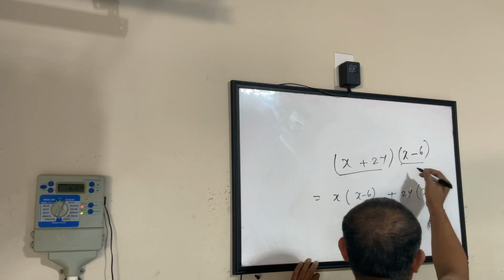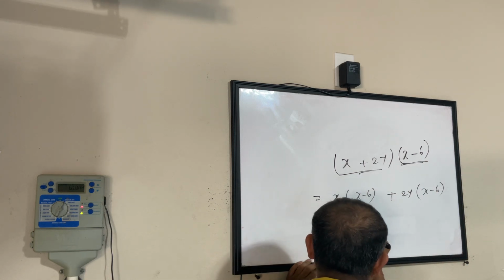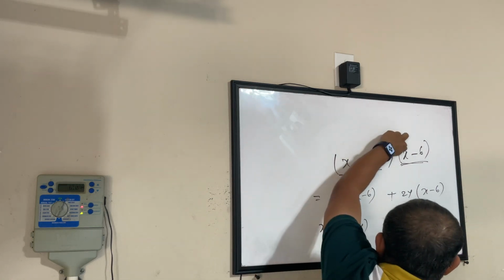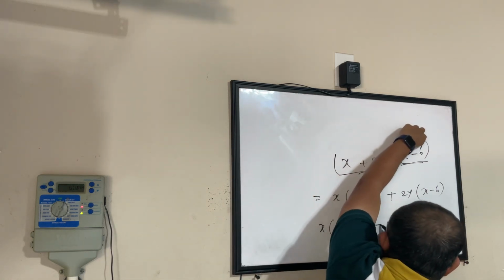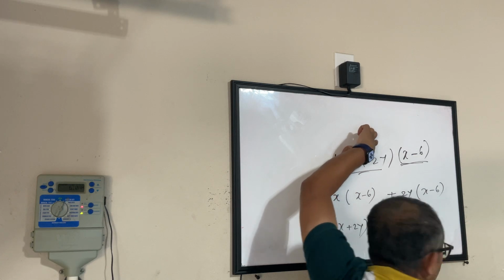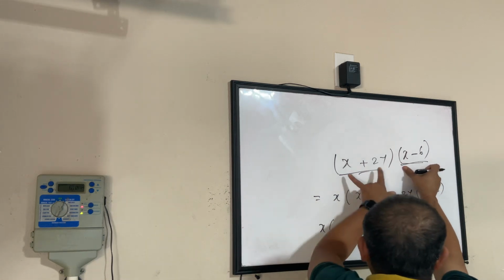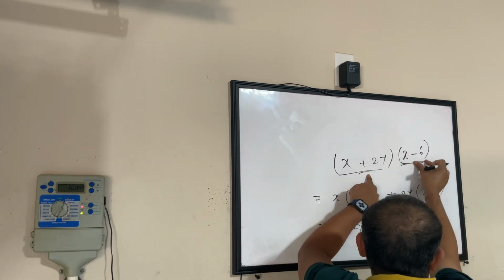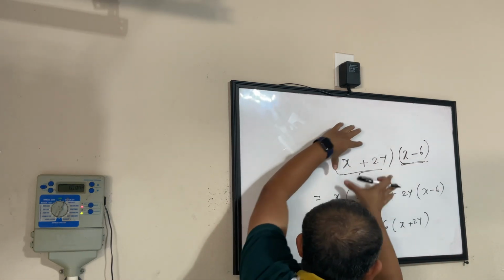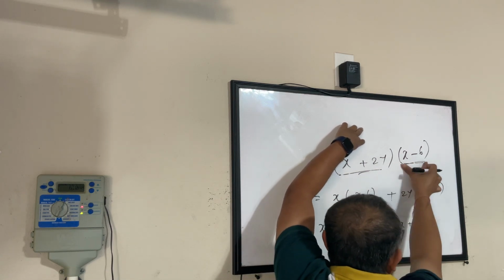I will multiply this guy with this guy, meaning x into x plus 2y, x into this minus 6 into this. Any which way is okay. You can say this into this, meaning this into whole thing minus this into whole thing, or this into this, meaning x into the whole thing and then 2y into the whole thing.